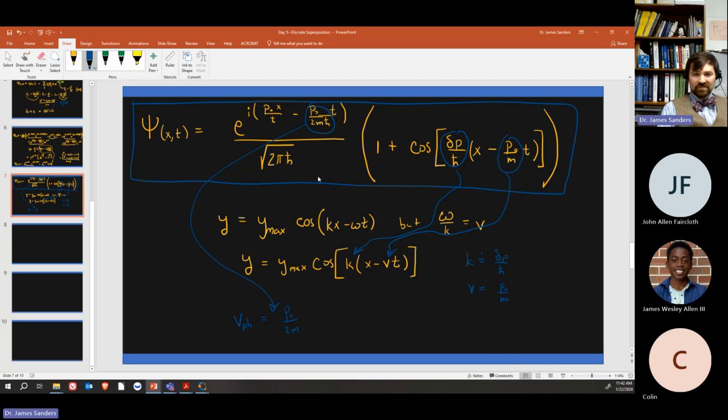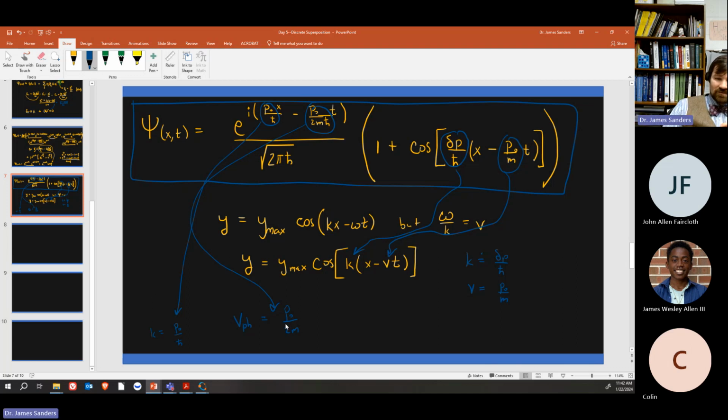And this phase term, or this part of it, if you will, is kind of the carrier in some sense. So this is your carrier wave. Notice that your carrier wave k is in fact p naught over h bar. In other words, your wavelength for your carrier is set by that central mode.